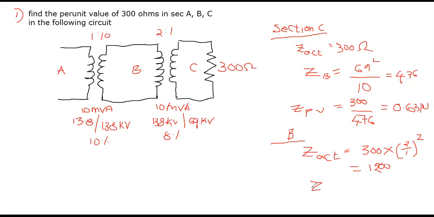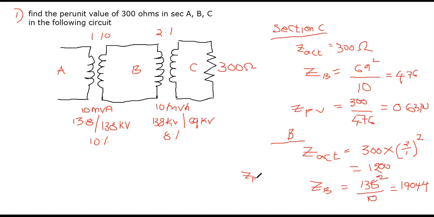So Z base is equal to kV base, 138 square, divided by 10 MVA. Now Z base is equal to 19044. Now what is Z per unit in section B?